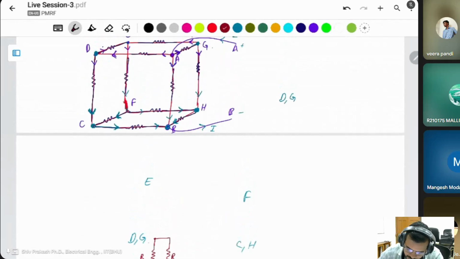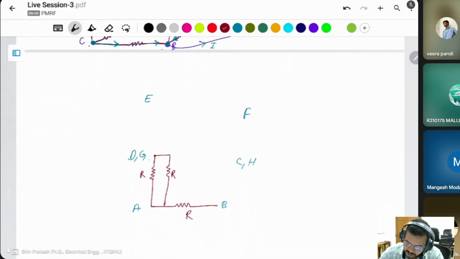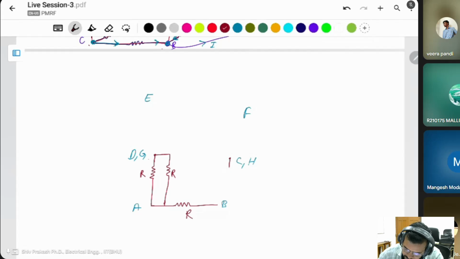C to B has a resistance and H to B has a resistance. That's why there are also two resistances here, C to B and H to B.